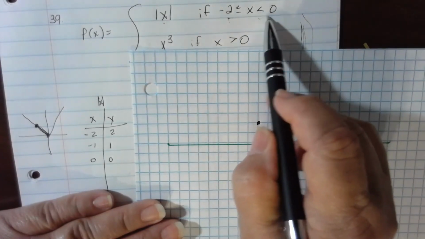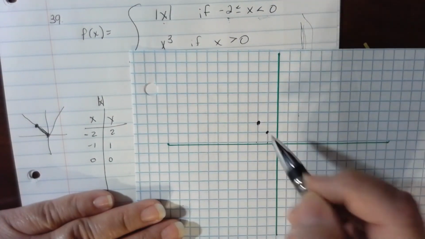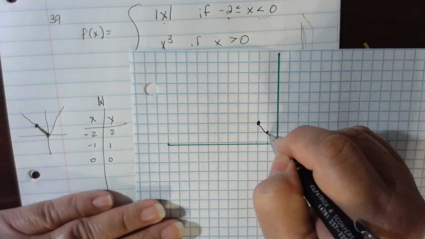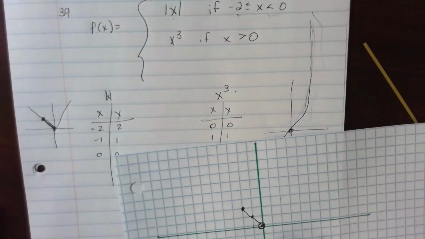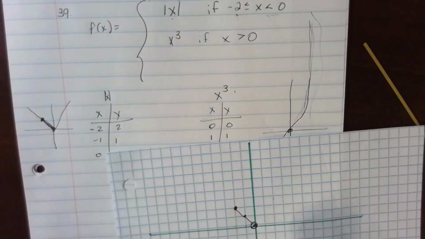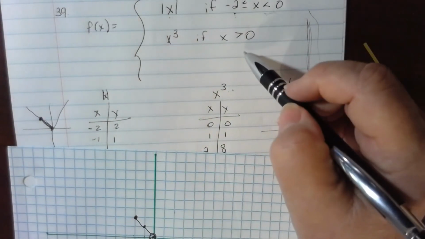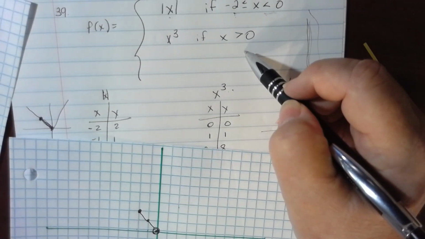Now, it didn't include the 0, so there's my open circle right there. It did include the -2, but that's it. Nowhere beyond those, so it's just that one little segment, and that's all. Alright, then for x cubed, did neither one of those include 0? Let me make sure.